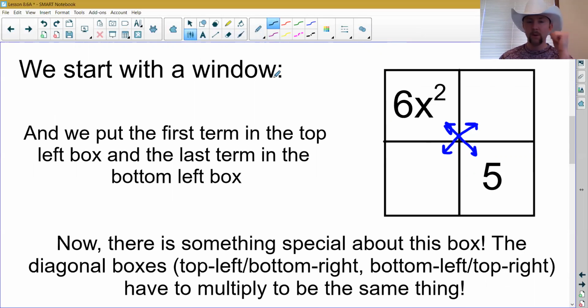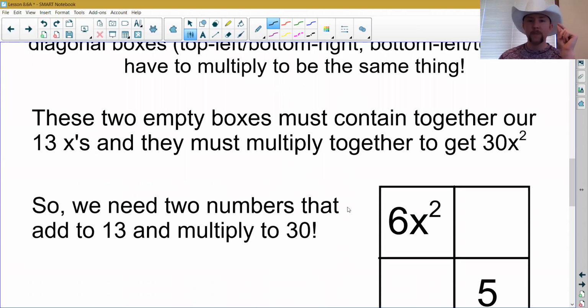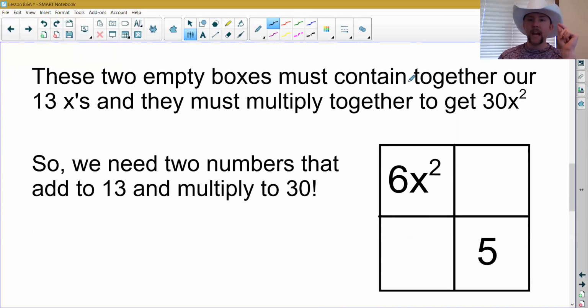The x squared is not going to change because there's no other x's to multiply, but 6 times 5 makes 30, so I get 30x squared. These two empty boxes have to multiply together to make 30x squared, because 6x squared times 5 is 30x squared.